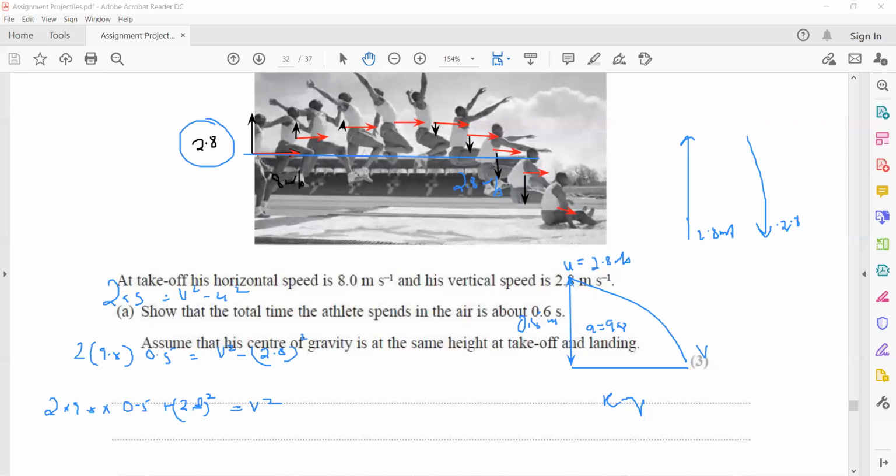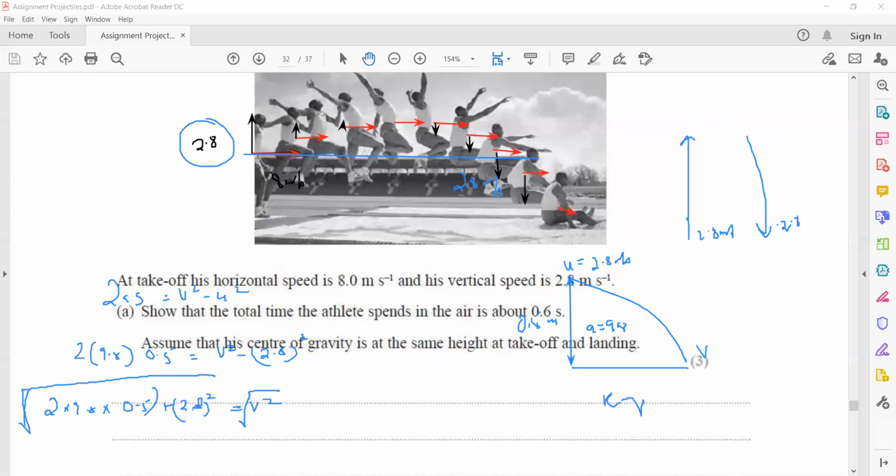First take the square of 2.8, then multiply 0.5 into 2 into 9.8, and then take the square root. What's the final answer for the velocity? Don't forget to take the square root.